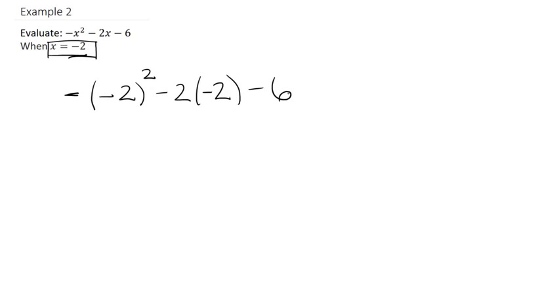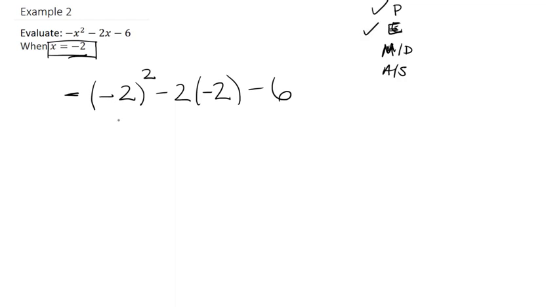Dealing with order of operations, we can deal with parentheses, but that's just a negative 2, so we don't actually have to do anything inside of it. The next is E for exponents.